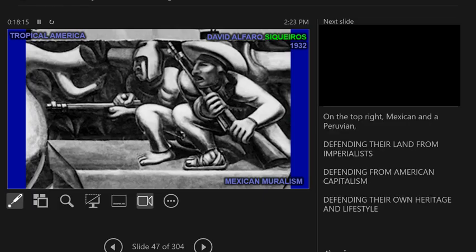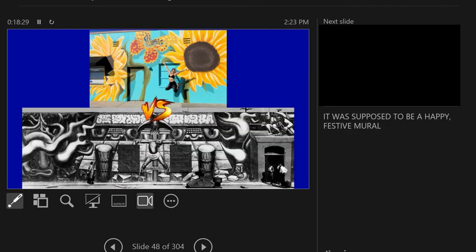And then these two guys up in the corner are trying to protect their land against American capitalism and American encroachment. They're defending their own heritage and lifestyle. So, what was meant to be a happy and lively mural turned into something very dark and political.